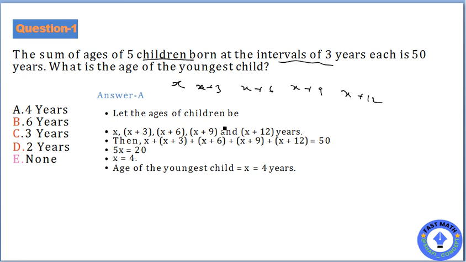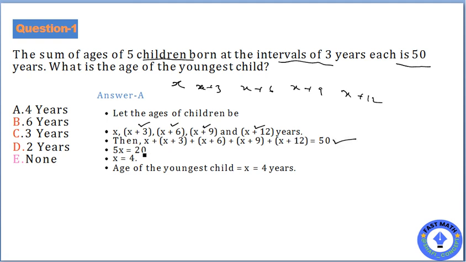These are the 5 children consecutively. Then as per the problem, the total is 50 years. That means x plus (x plus 3) plus (x plus 6) plus (x plus 9) plus (x plus 12) is equivalent to 50.